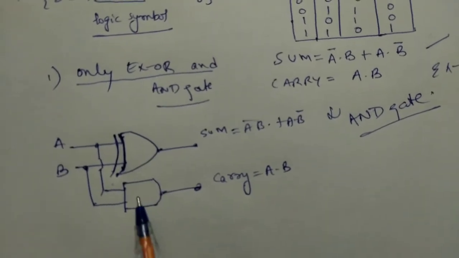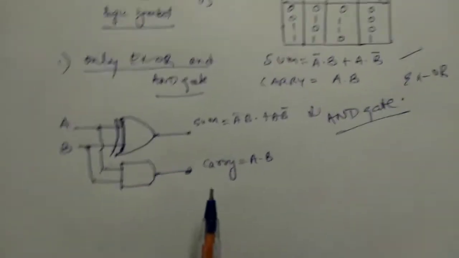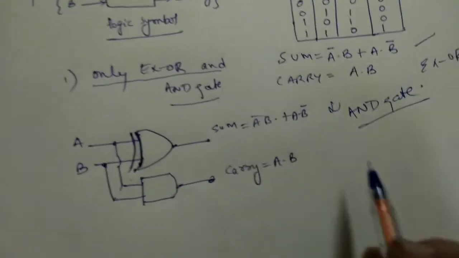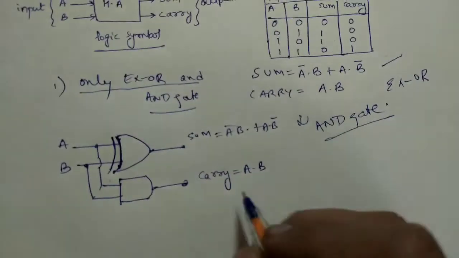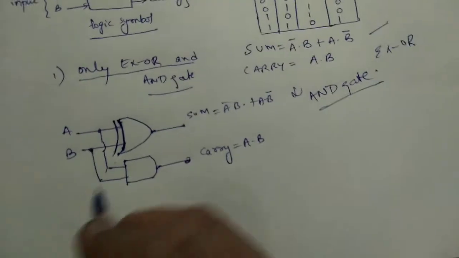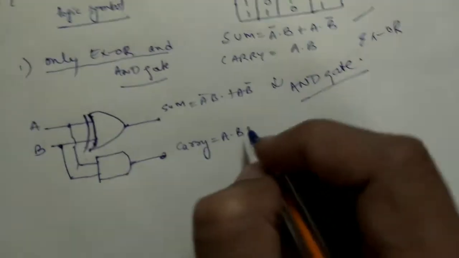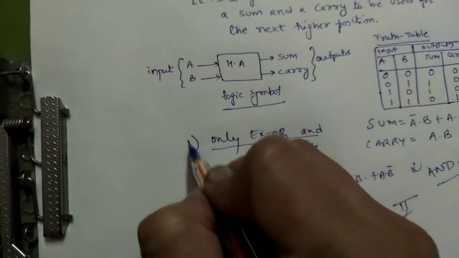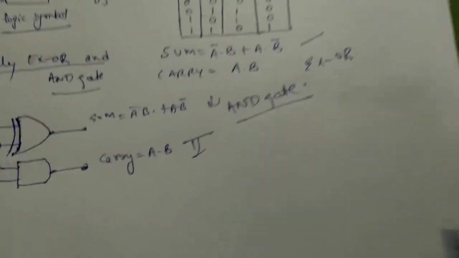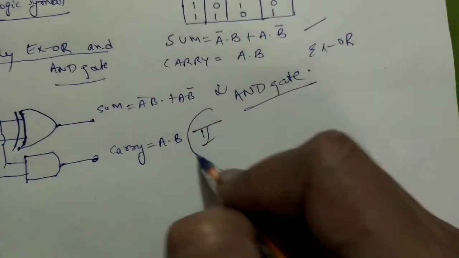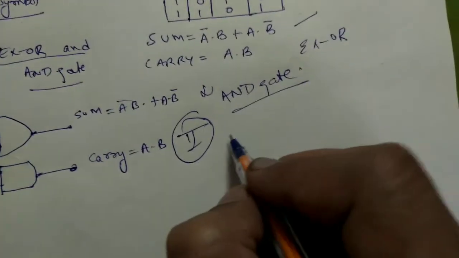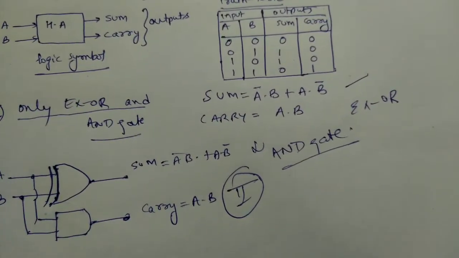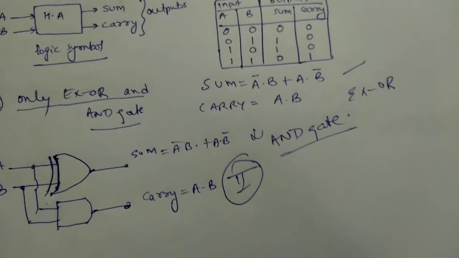Now for the second method, let us draw here. This is the first method, and here I am taking the second method in which we draw the circuit diagram using AND gate, OR gate and NOT gate.